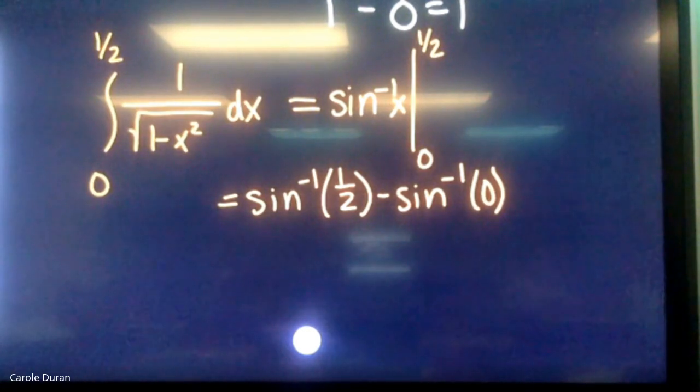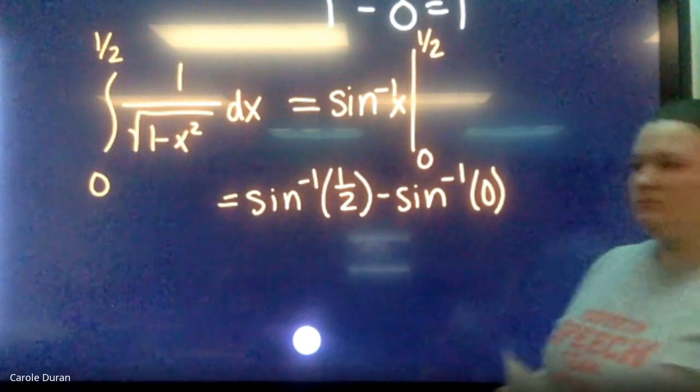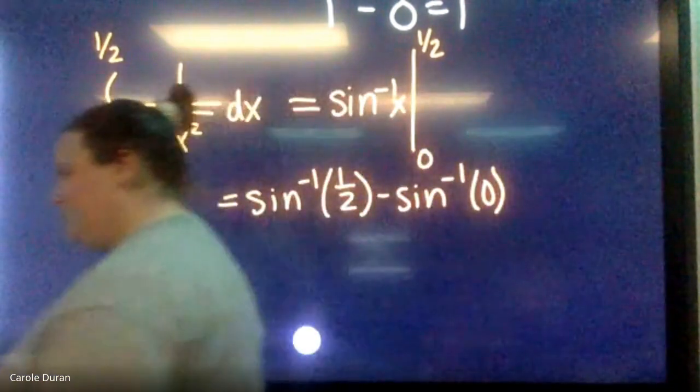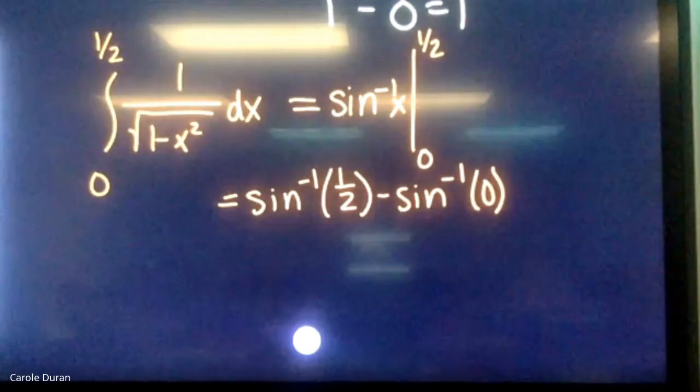If I don't say exact, decimals are fine. You got pi over 6, but if you do the decimal, it should be 0.5236.